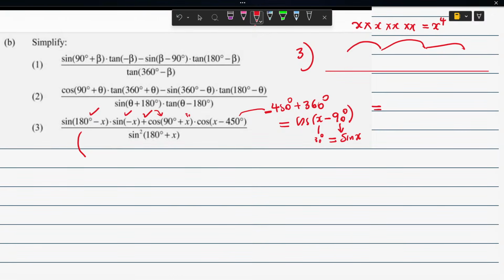So which means the first one is sine x multiplied by negative sine x, plus negative sine x multiplied by sine x over sine squared x. So it will be negative sine squared x when I multiply the first one.